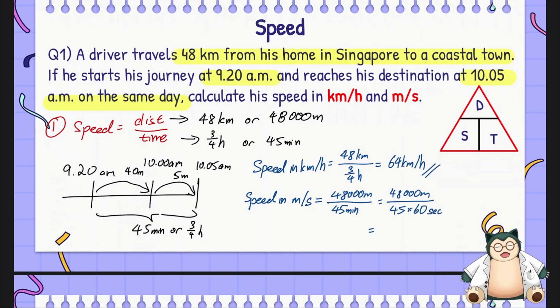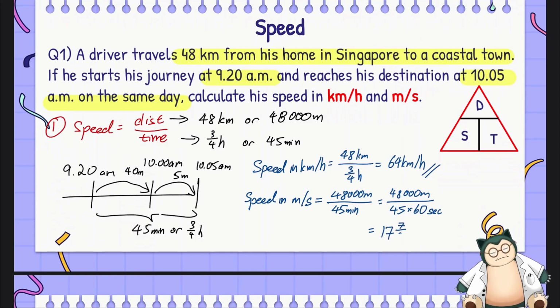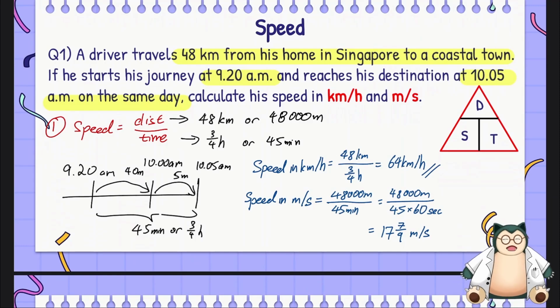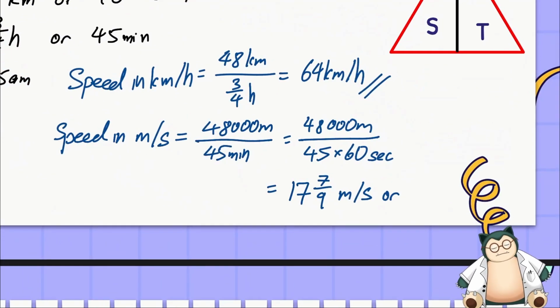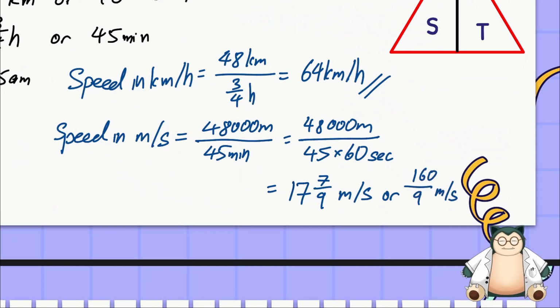And this will give us a value of 17.7 repeating, meter per second. Or if you want to write it as an improper fraction, it will be 160/9 meter per second. Is that okay, everyone? Good.